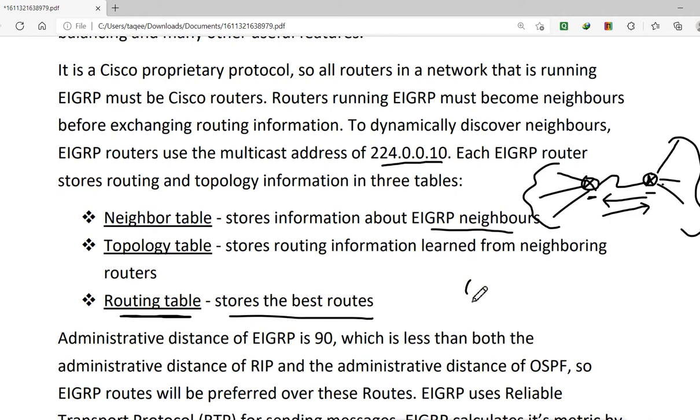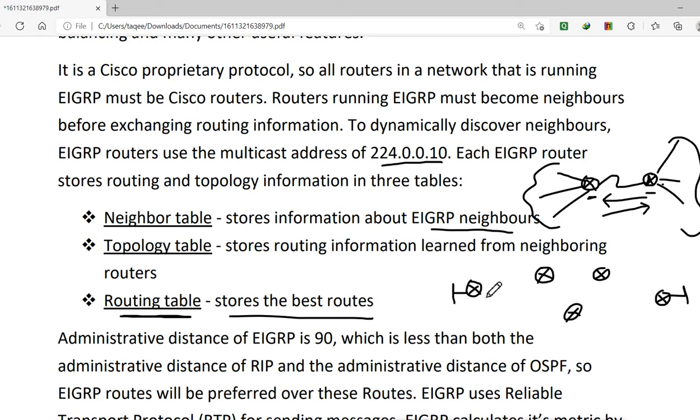Very simple. Suppose you have multiple paths to reach any destination. For example, we have one network here and one network here.